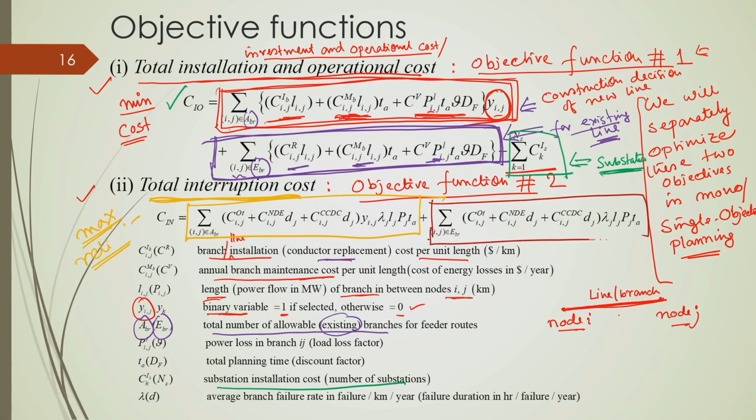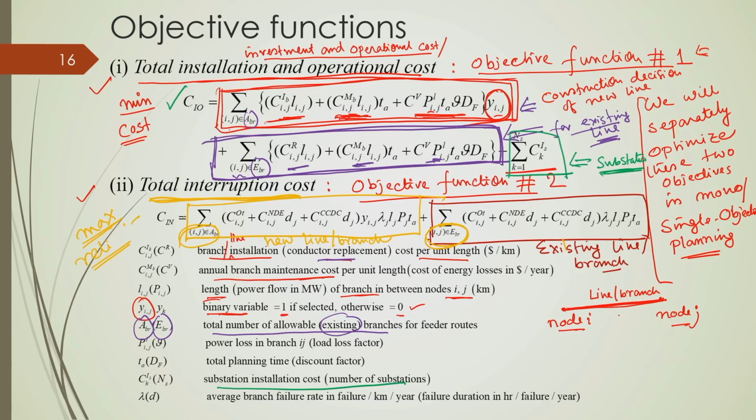Again you can see here, for this component the feeder lines belong to the new branches or lines that we are going to construct, and here I j belong to the existing branch or existing line. So, this is for the new line or new feeder branch, and this is for the existing line or existing branch.